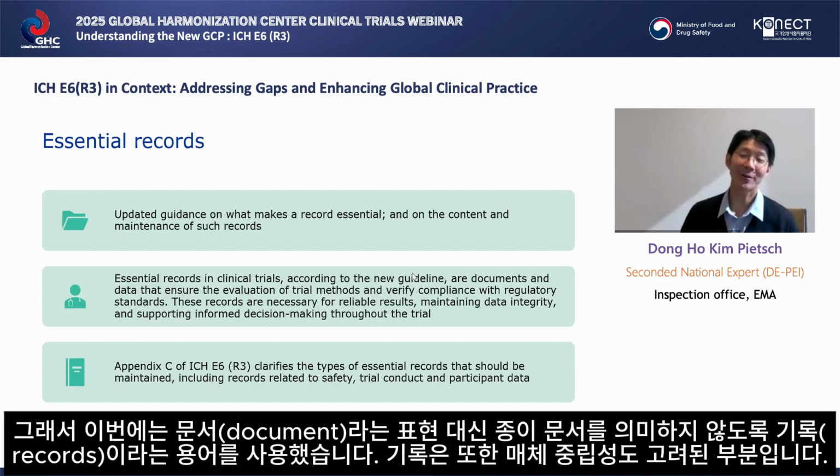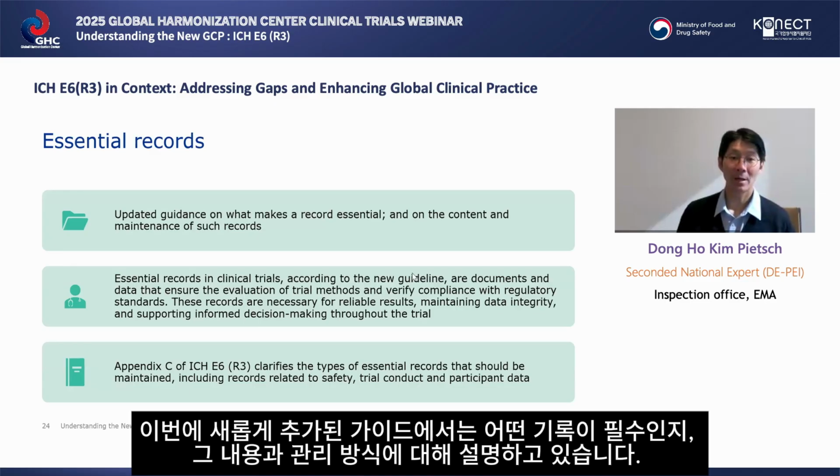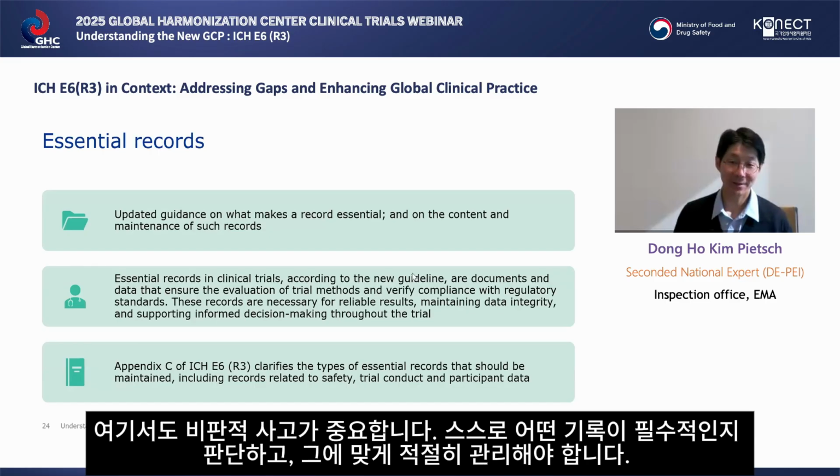So it's records, with media neutrality, and there is new guidance on what makes a record essential, on the content and on the maintenance of those records. And here again, I mentioned critical thinking.